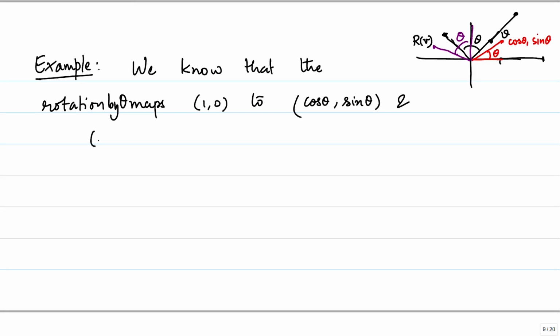So we know that (0, 1) is mapped to (minus sin theta, cos theta).